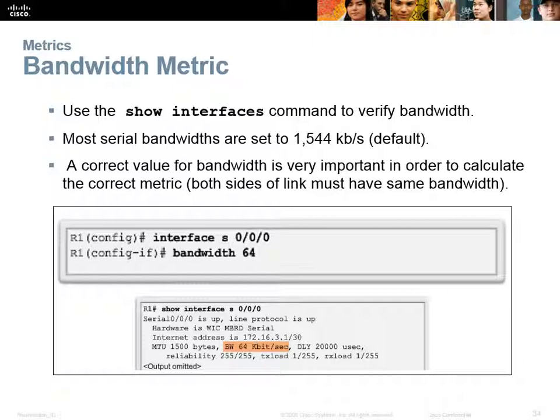It puts it right here, the MTU size. It says my MTU is going to be 1,500 bytes. That is how long that packet is. I'm sending it at 64 kilobits a second with my delay of 20,000 microseconds with a reliability of 255 out of 255. That means perfect reliability.